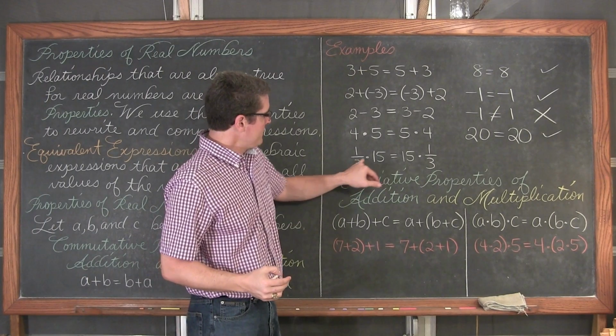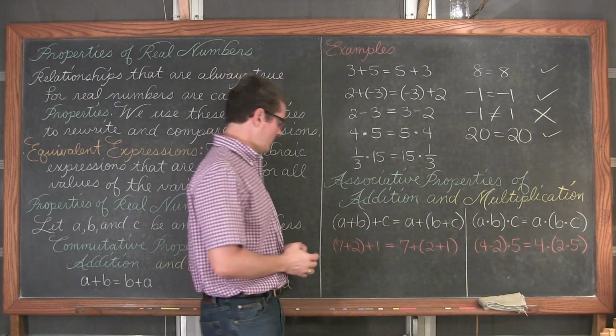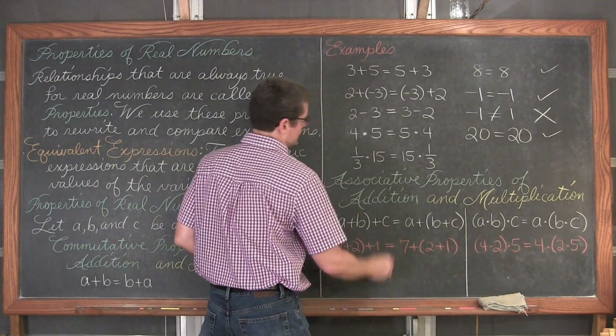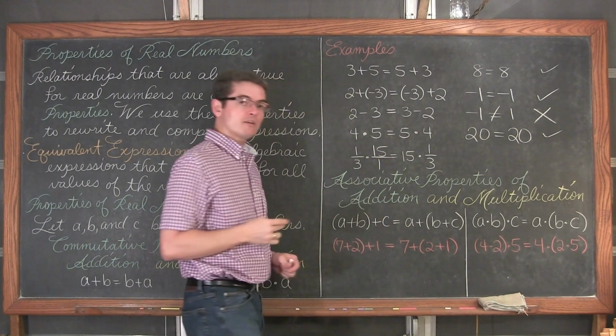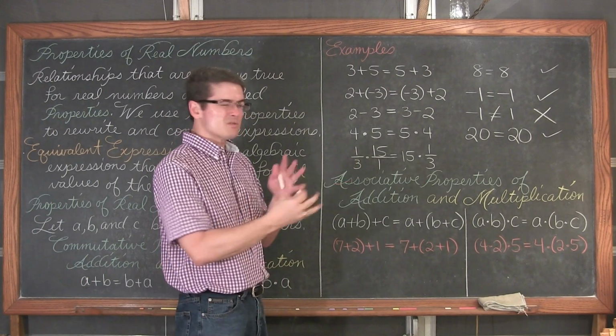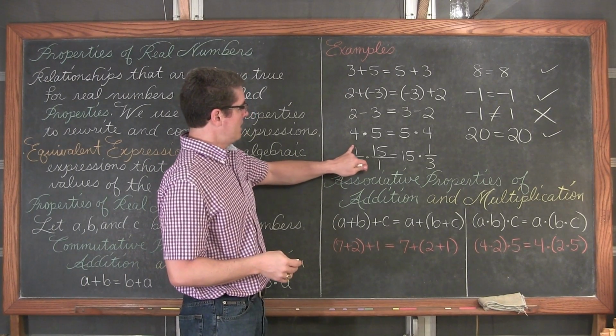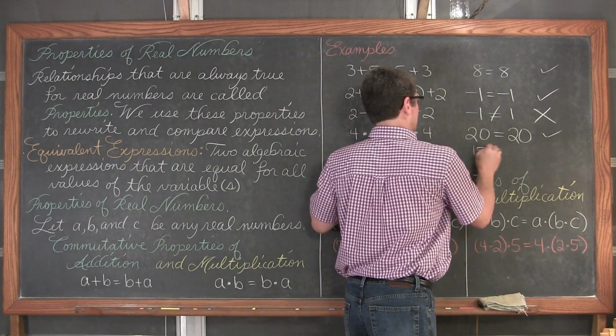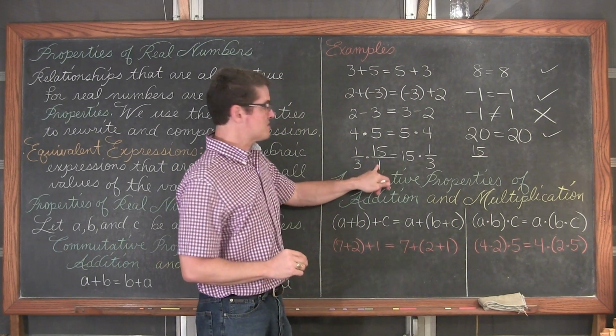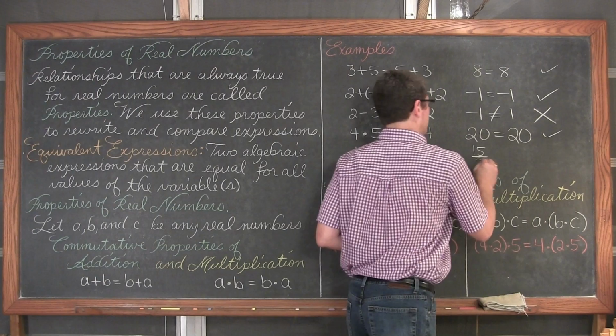And 1/3 of 15. Well, 1/3 of 15, when you start working with fractions, you really should just make everything look like a fraction, so that you can see, and there's a couple ways you can simplify this, but 1 times 15 is equal to 15, over 3 times 1, which is equal to 3.